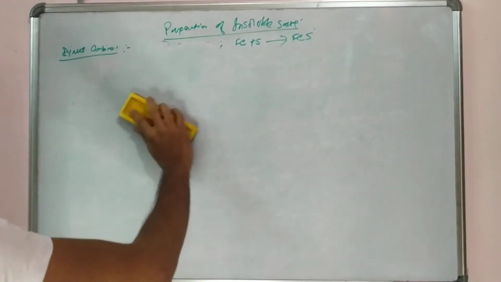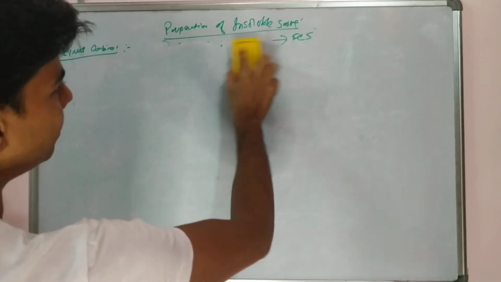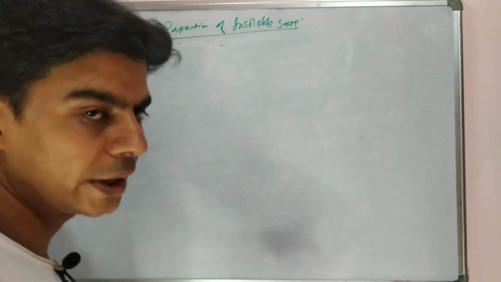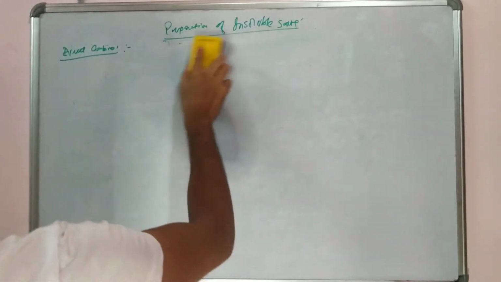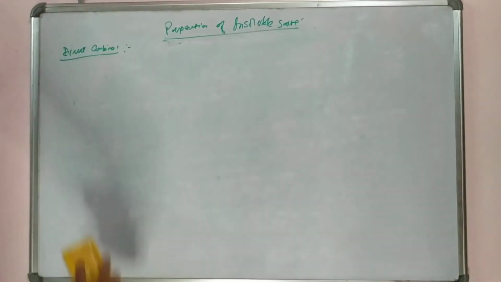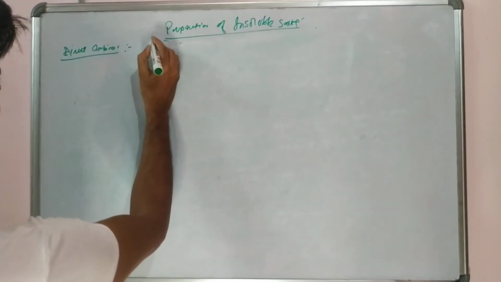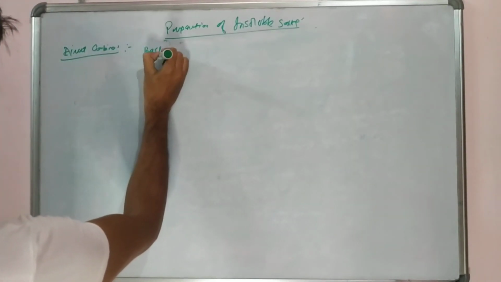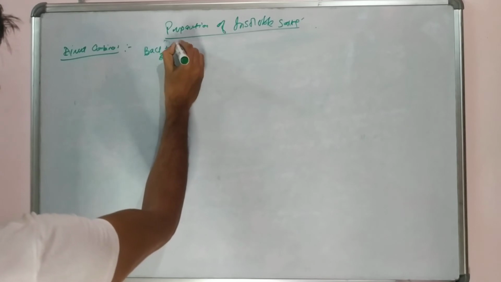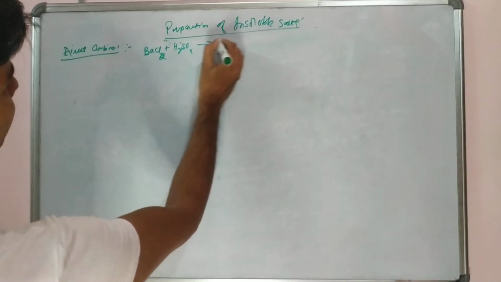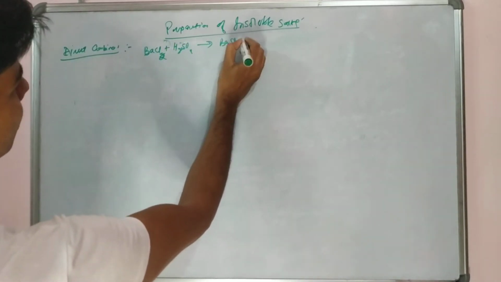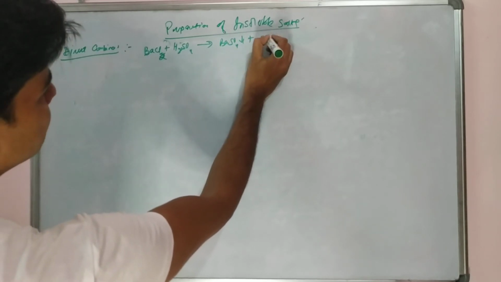Now there is one reaction, preparation of barium sulfate from barium chloride solution and sulfuric acid. We will take barium chloride solution plus H2SO4, it will form barium sulfate, which is a precipitate, plus HCl.